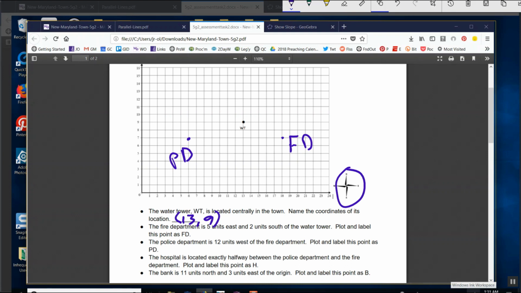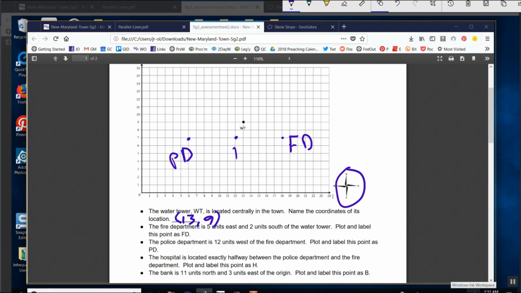The hospital is located exactly halfway between the police department and the fire department. So that's going to be halfway between 6 and 18 on the x-axis, which is 12, and it will have the same y value of 7.